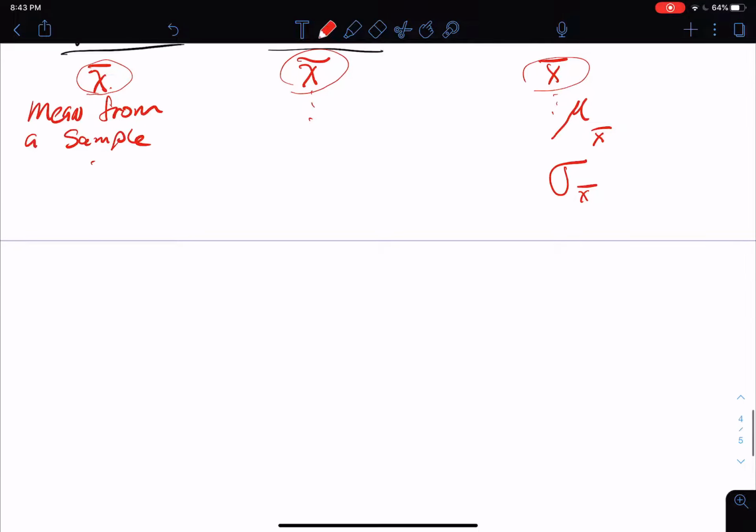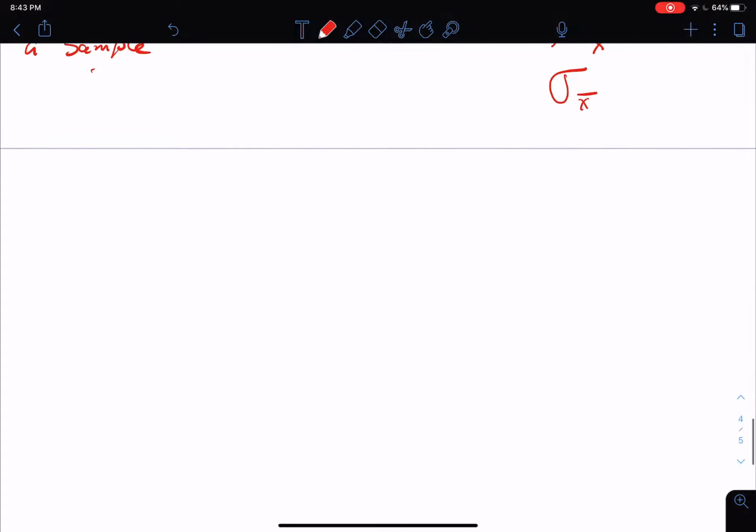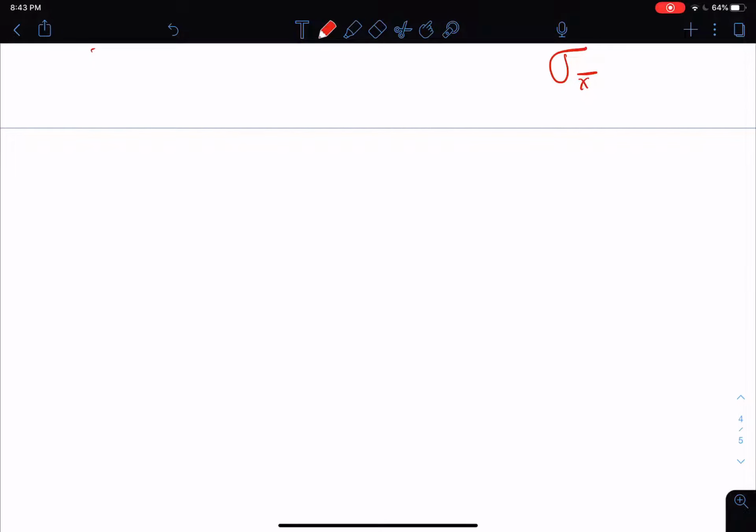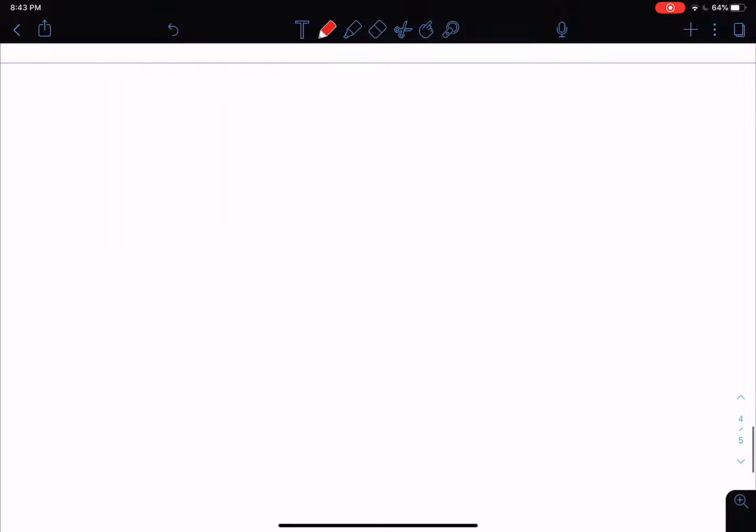Let's continue with this idea. Let me start a new page. Okay, so we get this central limit theorem.